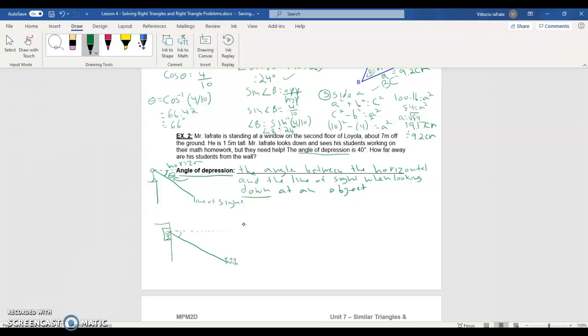The angle between that horizontal and this line of sight is our angle of depression, and it happens to be 40 degrees here. Now, we're asking you to find how far away the students are from the wall. So here's our wall, and that makes a 90-degree angle with our triangle here. And remember that I'm 1.5 meters tall. That will come into play. In the next video, we'll finish solving this problem.